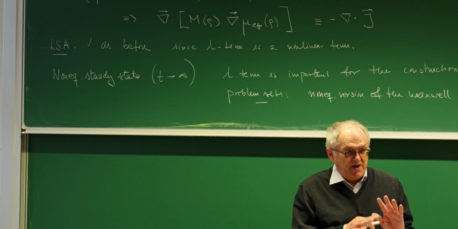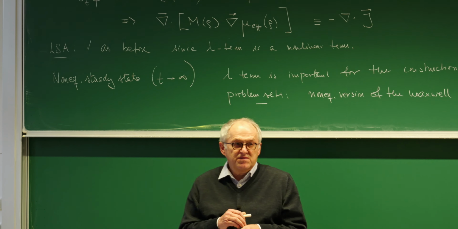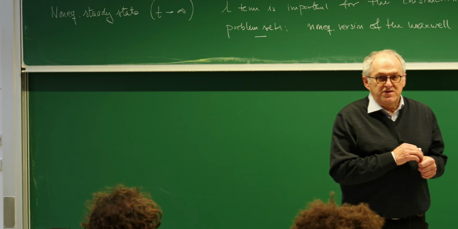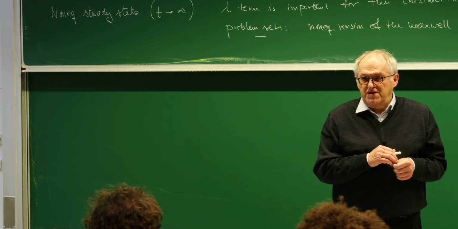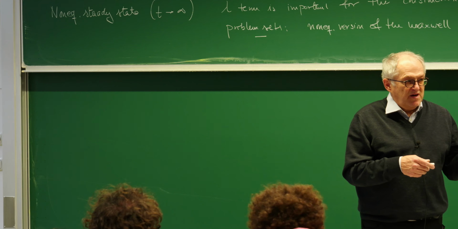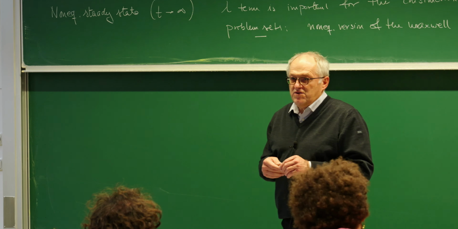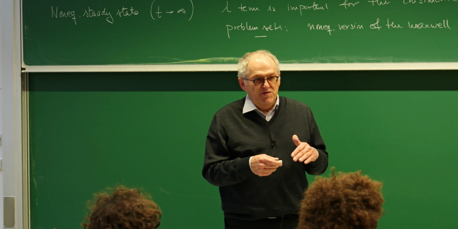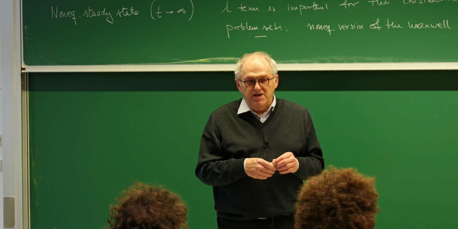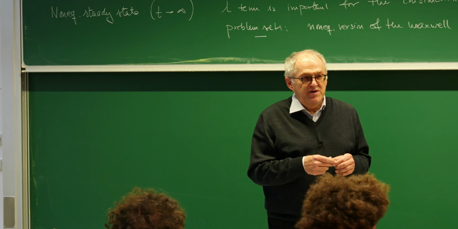Okay, let me summarize what we had. We looked at scalar systems. We constructed field theories. We started out with constructing a field theory basically for a system that has no conservation law. That's our model A. You just have relaxational dynamics. When we continued, we looked at conserved quantities that led us to model B, all in terms of a thermodynamic potential, describing very nicely the field of liquid-liquid mixtures and phase separation.